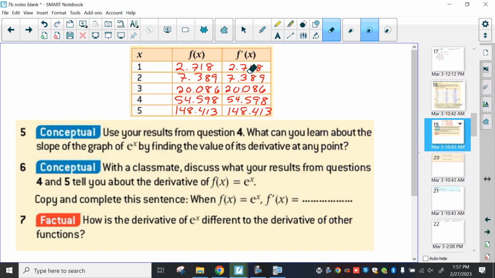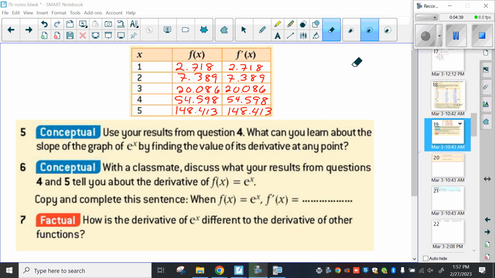Same output. It is exactly the same, so my function e to the x has the exact same output as, what does f prime of 1 represent? The derivative when x equals 1, which means it's the slope. So the slope is the same as the output value for each of these.